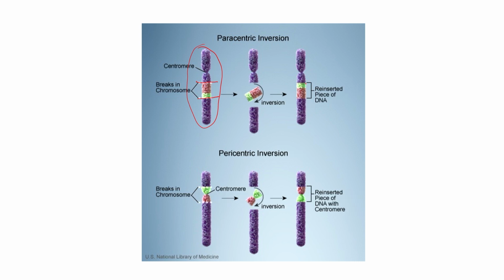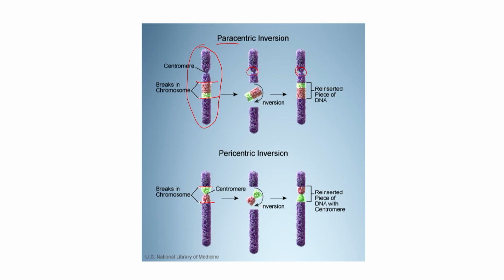In this inversion, the centromere is not involved. This is the centromeric part. Here, the centromere is not involved. So such inversions are called paracentric, meaning not involving the centromere. In the other case, breakages occur in such a way that the centromere is in the middle.